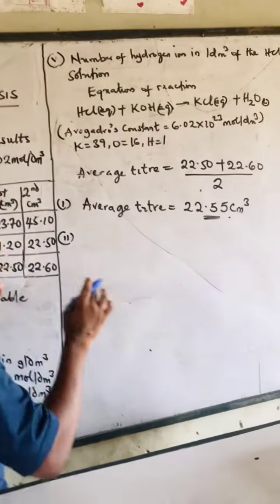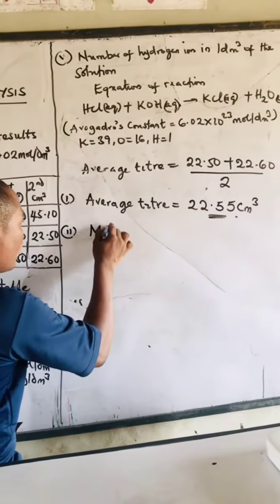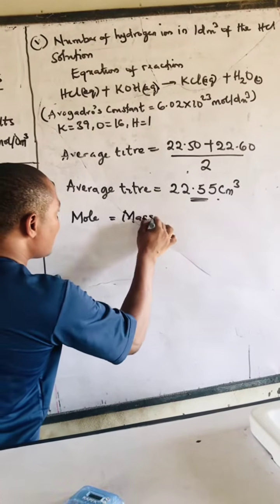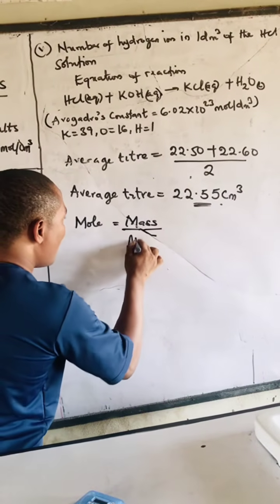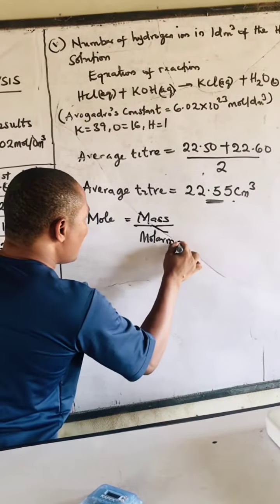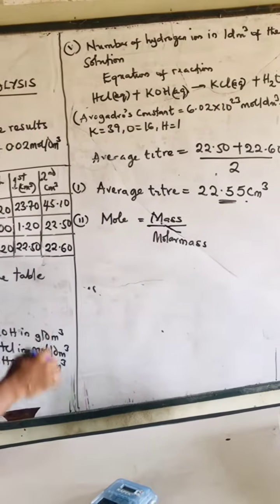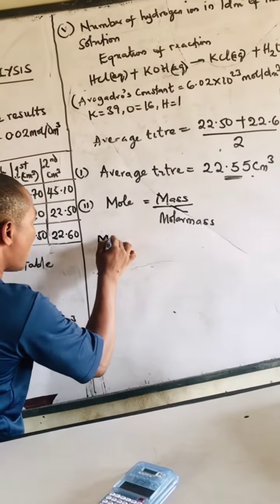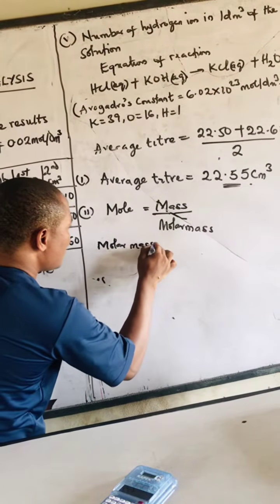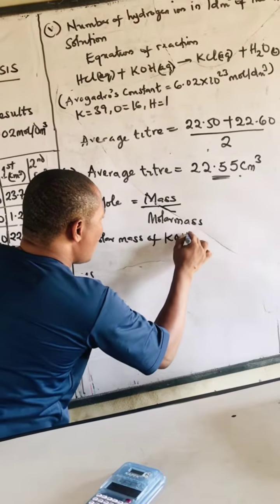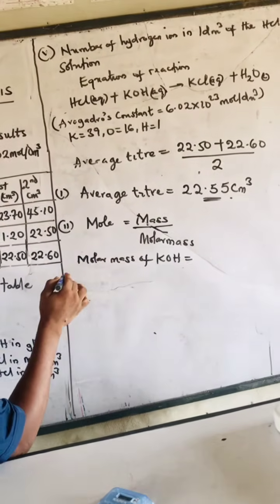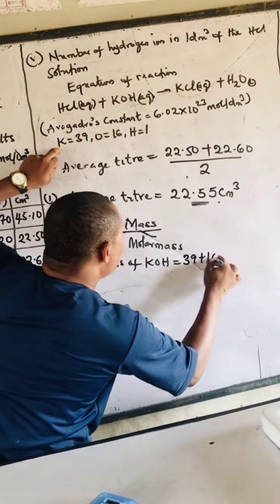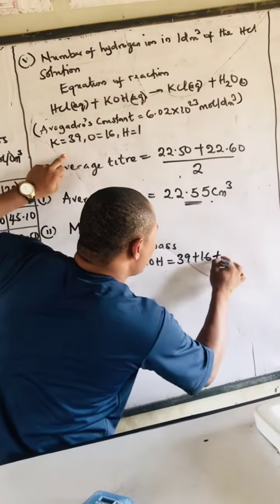So we use this general formula, which is our mole is equal to our mass over our molar mass. So from there, we calculate the molar mass of KOH first. There we have the molar mass of KOH will be equal to, they are giving us our K, potassium, to be 39 plus 16 plus 1.